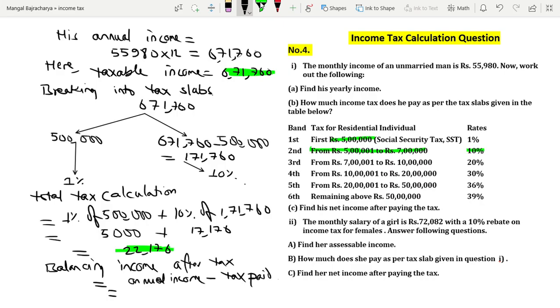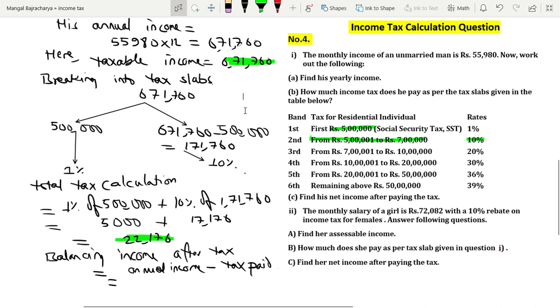So annual income we do have here 6,71,760, and from that the tax paid amount 22,176 we deducted. So the balancing amount will be the amount remaining with him after paying tax.